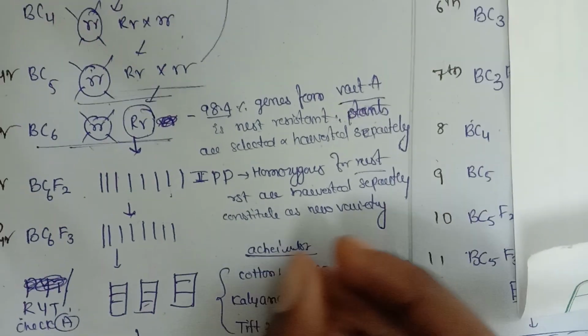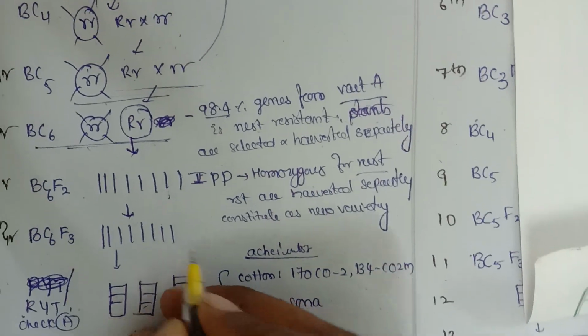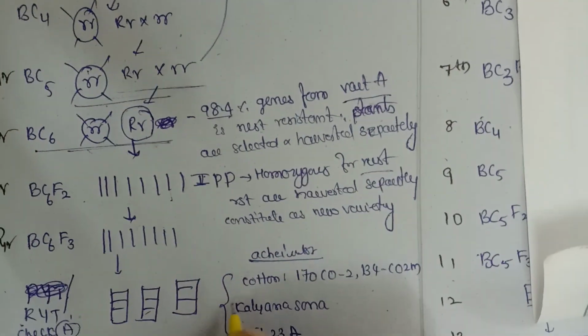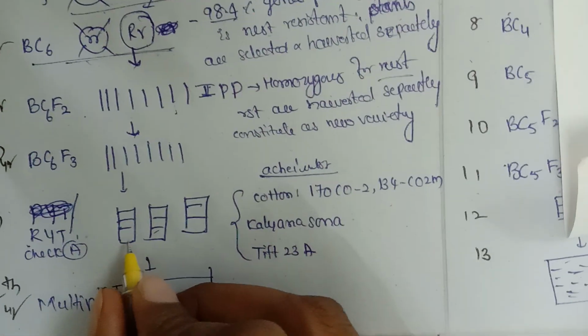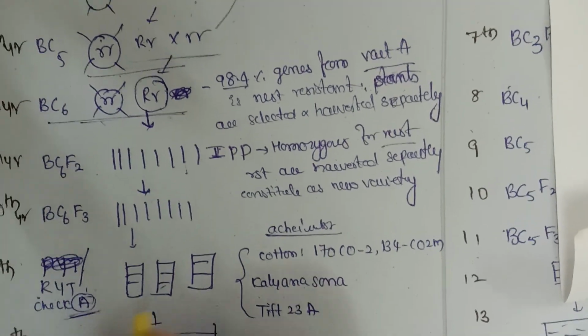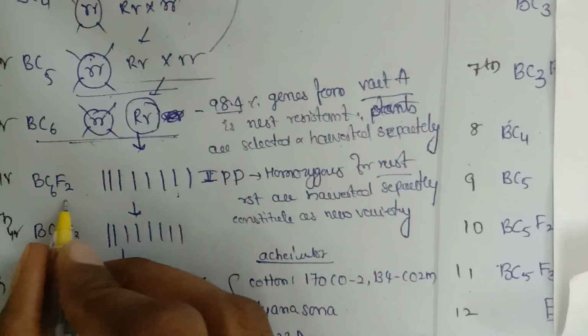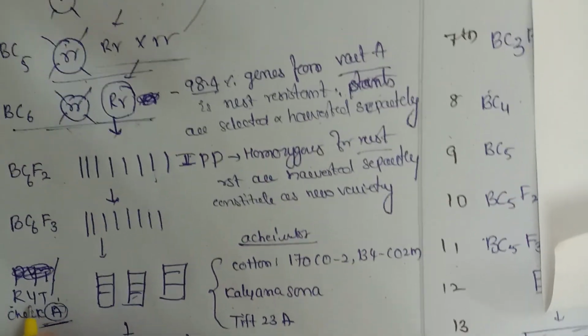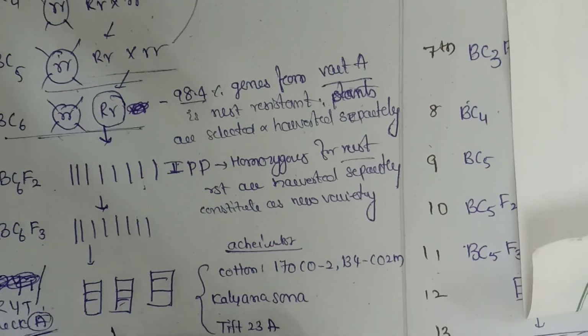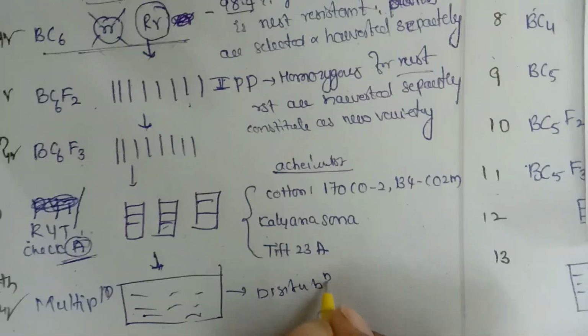This new variety is grown again as individual plant progenies, and again this progeny is selected and sent for the replicated yield trials with the check A. Check A is susceptible, and all the progenies selected in the backcross 6 F2 and F3 generation are checked with the variety A in the replicated yield trials, and then it goes for multiplication and then distribution to the farmers in the 12th year.